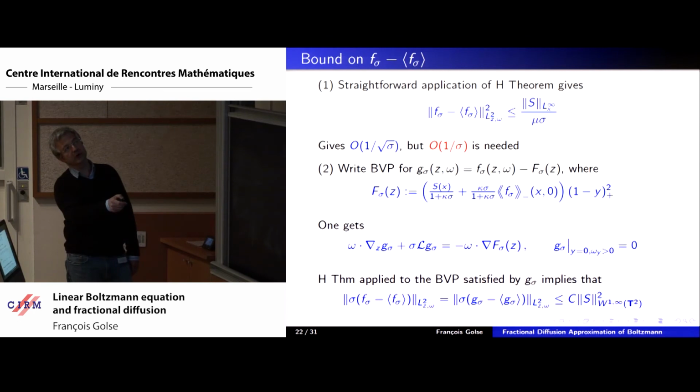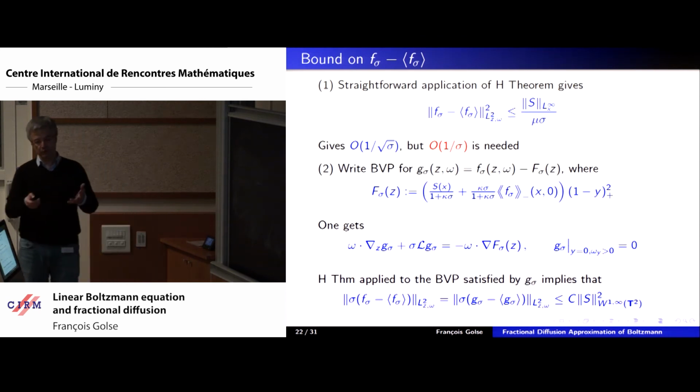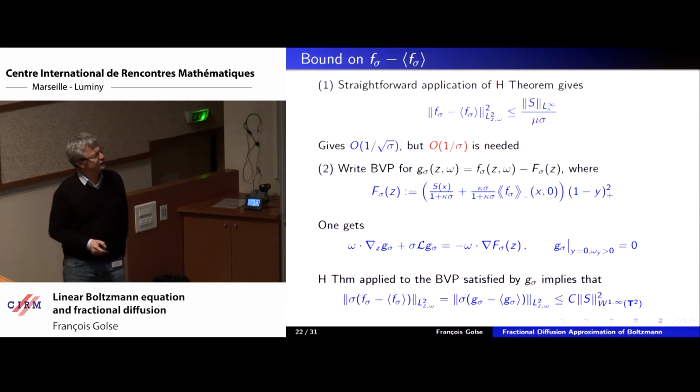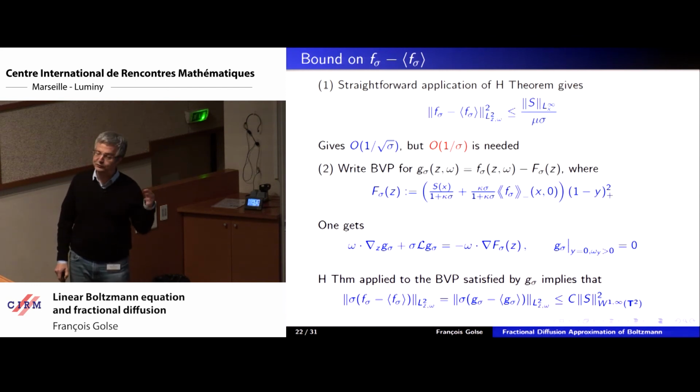So here I have a square, right? So f sigma minus its average is controlled by the L infinity norm of the source term over square root of sigma. So this tells you that f sigma minus its average minus macroscopic density is of order 1 over square root of sigma, but in fact you need 1 over sigma, right? 1 over square root of sigma is not good enough.